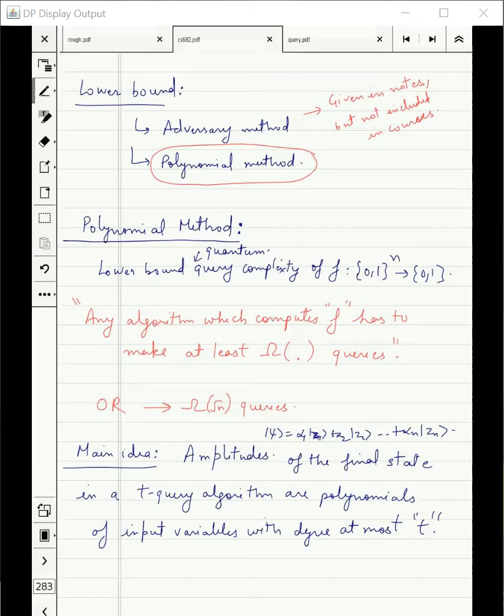If you look at any alpha i, alpha i can be expressed as a polynomial of degree t in x1, x2, xn. Remember, these were the input variables. If the algorithm only did t queries. If the algorithm did 2 queries, then you will have a polynomial of degree 2. If you did 5 queries, then you will have a polynomial of degree at most 5. Any questions about this statement?